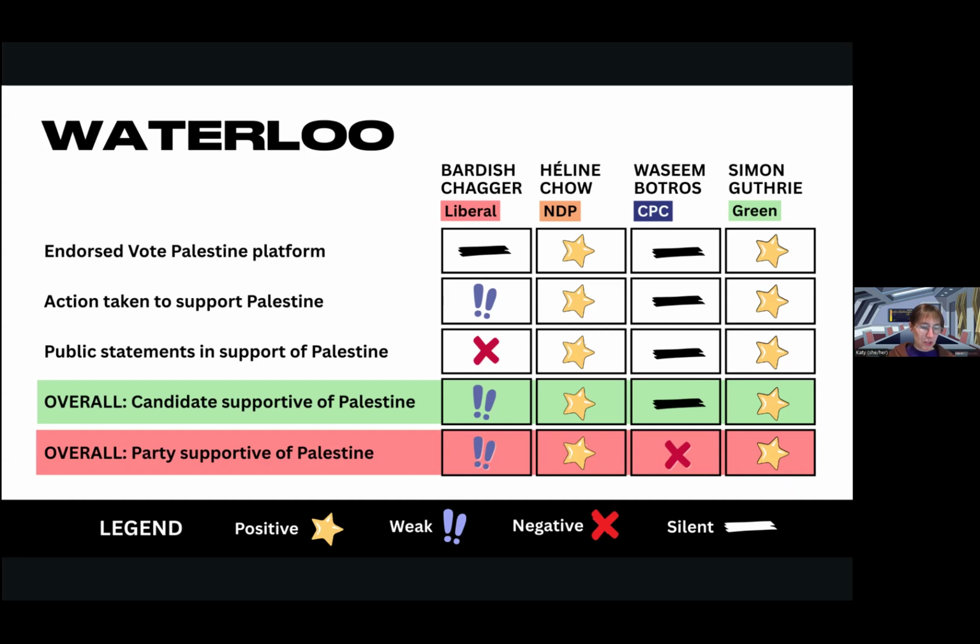I will just reiterate who has explicitly called for a two-way arms embargo. This is part of the Vote Palestine platform, so in some sense, anyone who signed it has called for it. But in more explicit statements, in Waterloo, Helene Chow and Simon Guthrie have called for a two-way arms embargo. In Kitchener Center, Mike Morris.